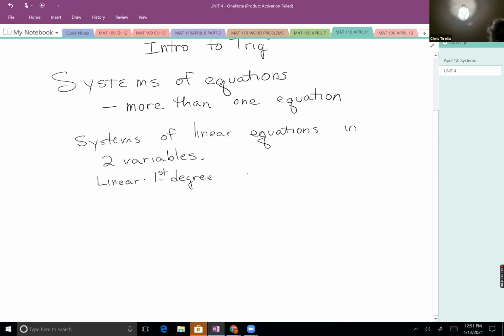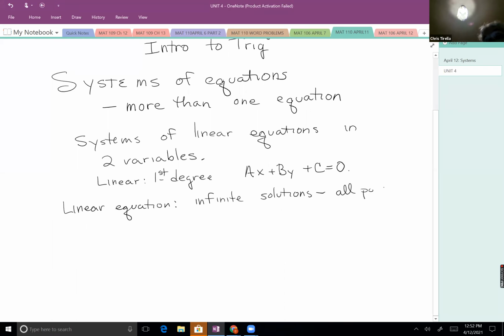We said it was something like ax plus by plus c equals 0. We just spent a lot of time looking at linear equations, and we said that if I have a linear equation, there's an infinite number of solutions. It would be all the points on the line.